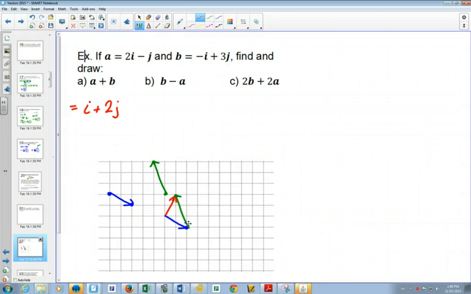Now I'm going to rewrite vector A this way, 2 and negative 1. And I'm going to rewrite vector B as negative 1 and 3. And then I'm going to rewrite my answer vector as 1 and 2.